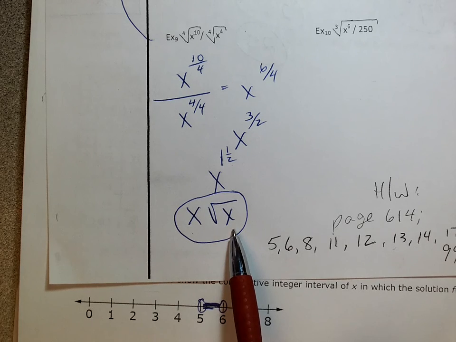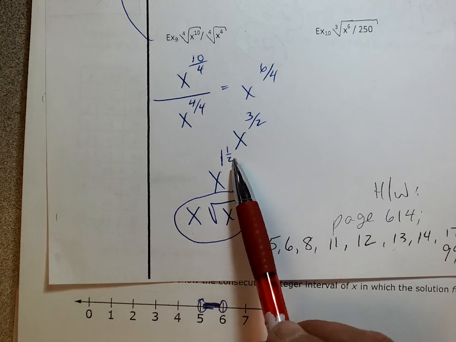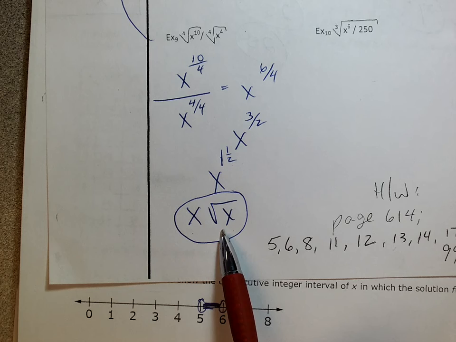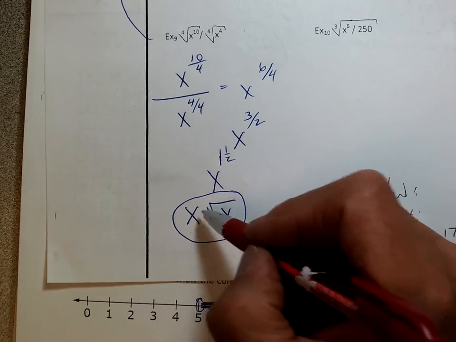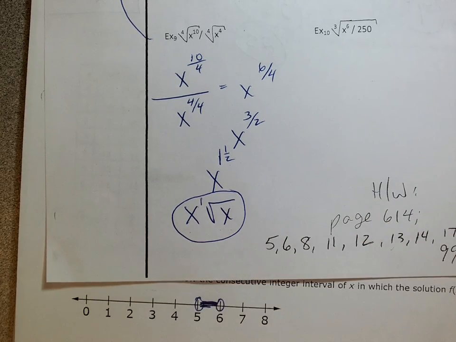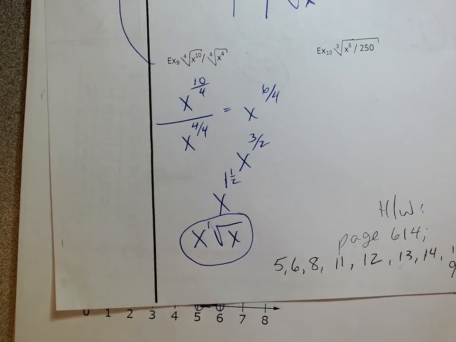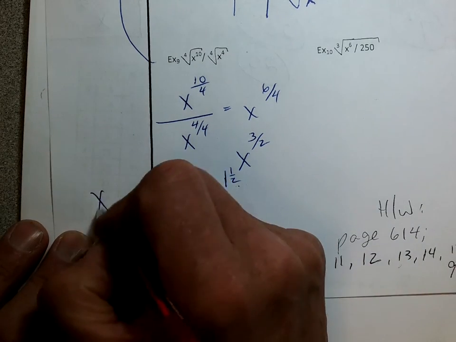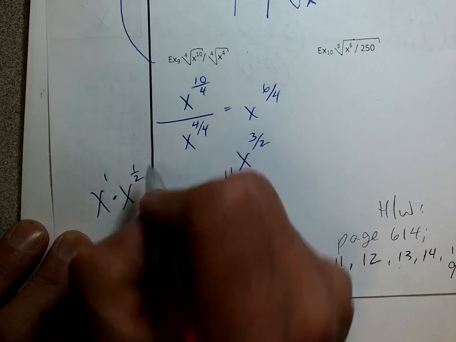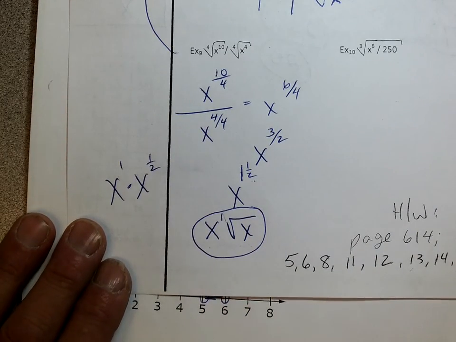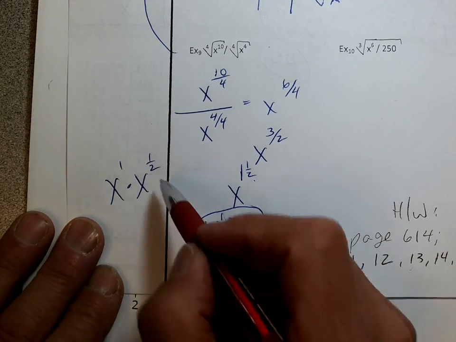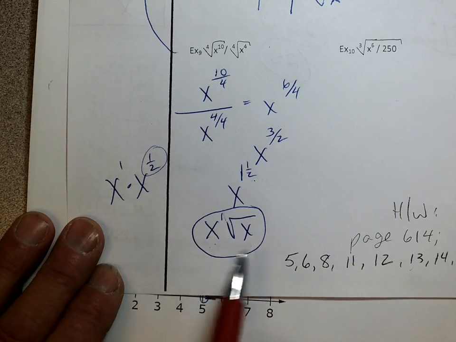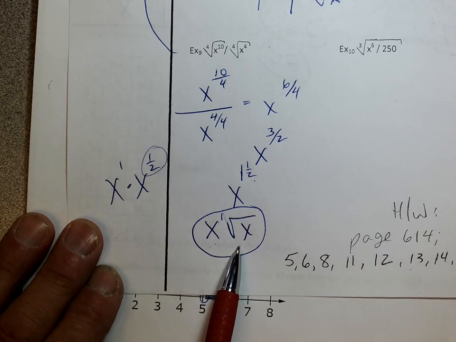So if this is 1 and 1/2, it's like having x to the 1 times x to the 1/2. There's my x to the 1. And we learned that anything to the 1/2 power is a square root of x.